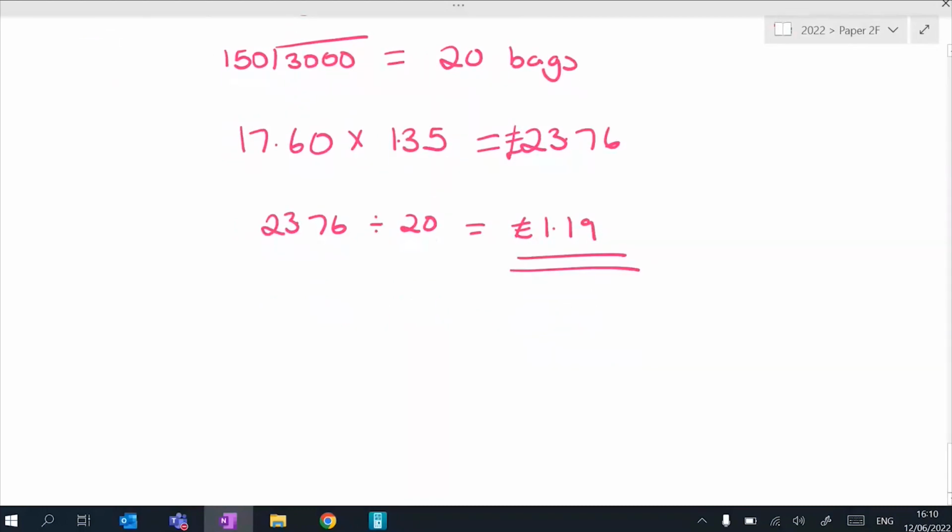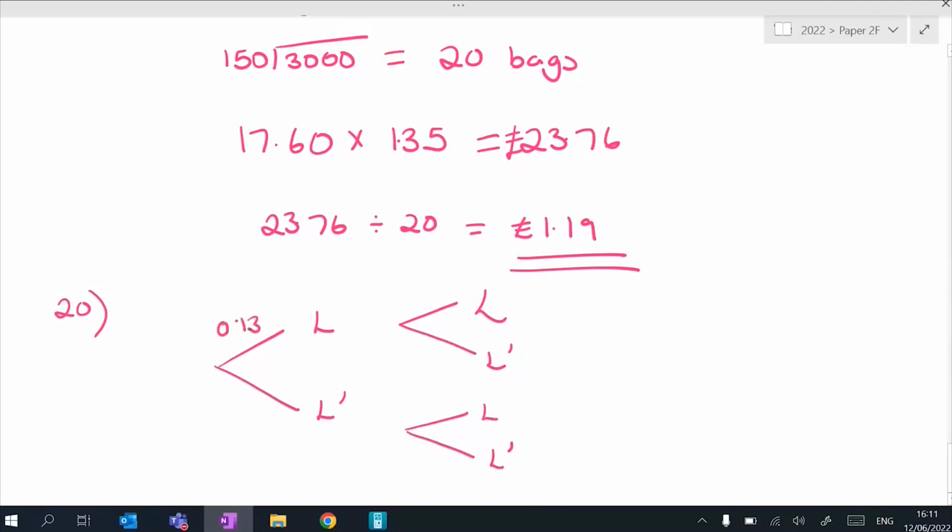Question 20, we've got a tree diagram. We want to fill in the missing gaps. So we've got late and not late. Late, not late. Remember the little apostrophe means not late.